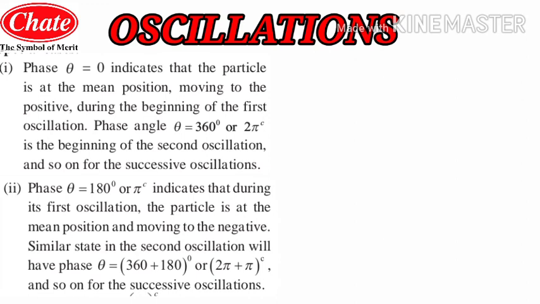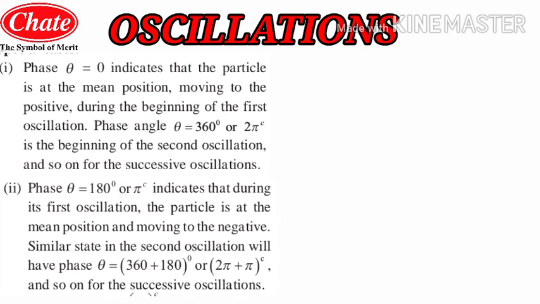Then the similar state in the second oscillation will have the phase 360 plus 180. It means if the particle performs one oscillation and comes back again to this phase, then the second oscillation will have the phase 360 plus the previous angle 180.